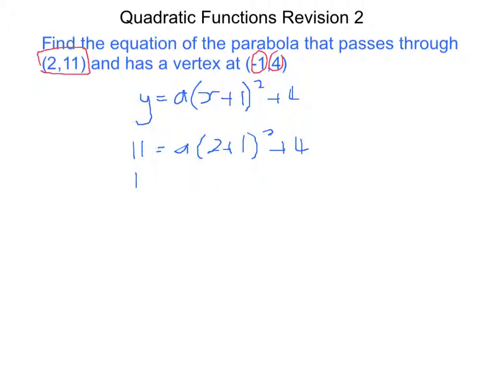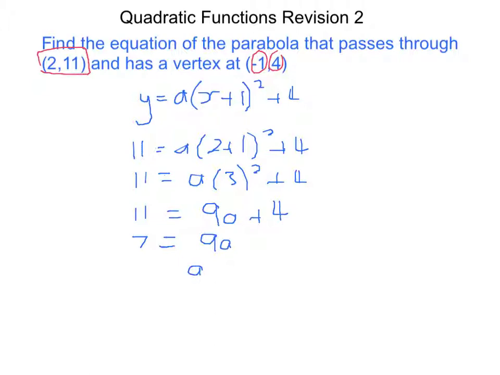So 11 will be equal to a by 3 squared plus 4, or 11 will be equal to 9a plus 4. Take away 4 from both sides. 11 take 4 is 7, that'll be equal to 9a. Then we divide both sides by 9, that'll leave us with a is equal to 7 over 9.